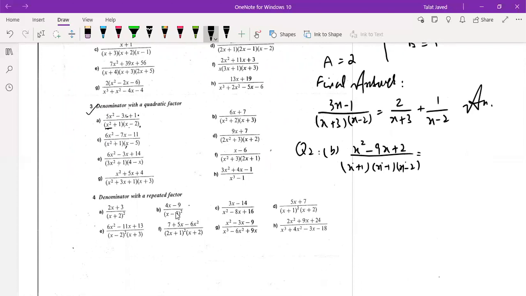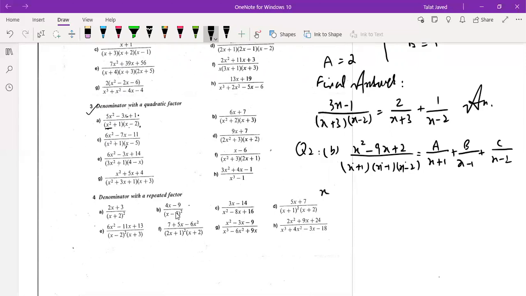So we will write this like this: a over x plus 1 plus b over x minus 1 plus c over x minus 2. This is the first step. The second step is multiplying this equation throughout by the denominator of the fraction.